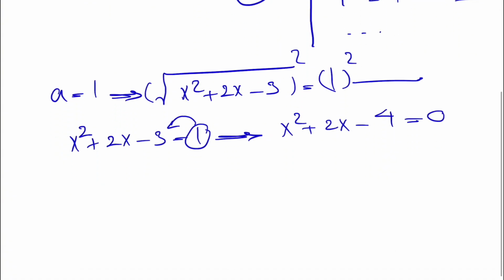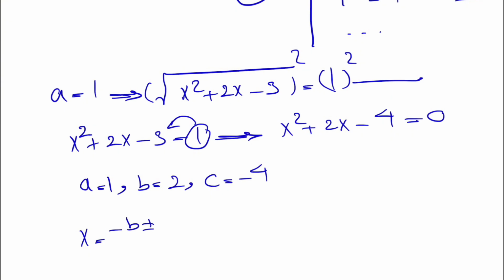Looking at this, we see that we have a quadratic equation where our a is 1, our b is 2, and our c is minus 4. So if we want to find x, we have minus b plus or minus the square root of the discriminant, b squared minus 4 times a times c, divided by 2a.